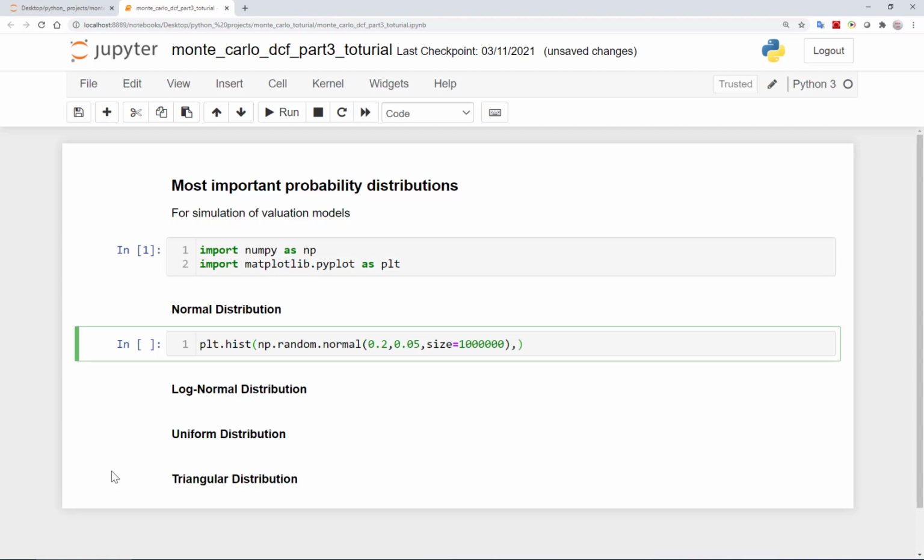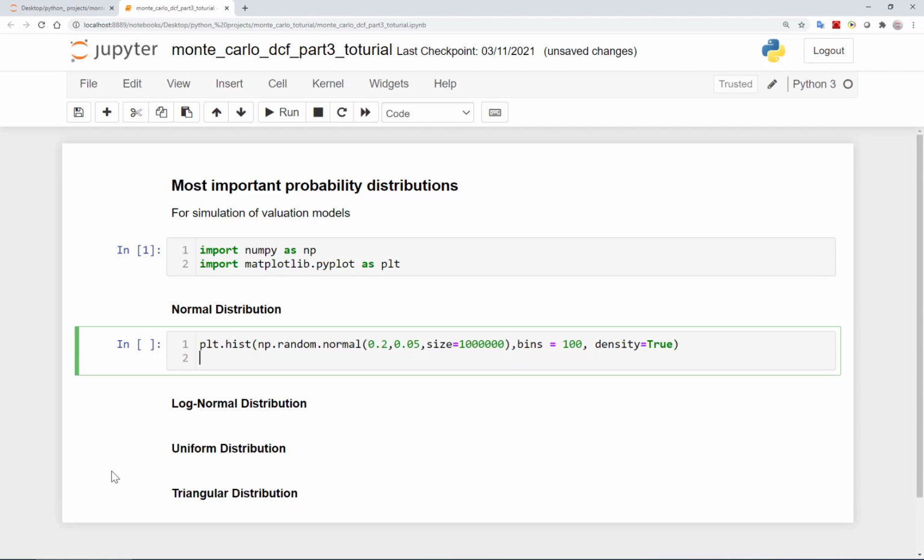Then we can define how many bins we would like the histogram to have, and we set density to true, to show us the density instead of the counts. Okay, let's show the histogram.